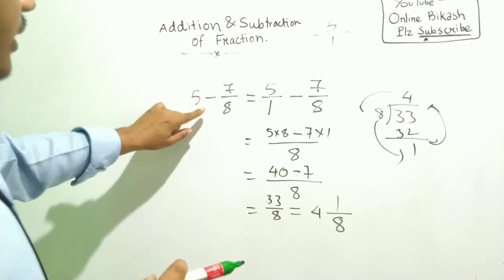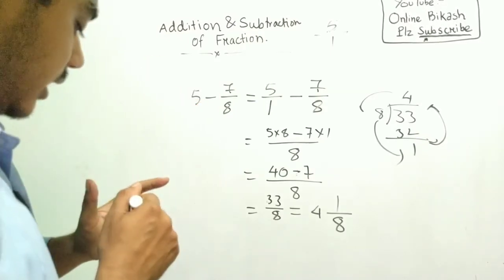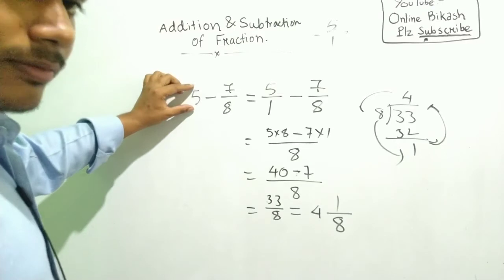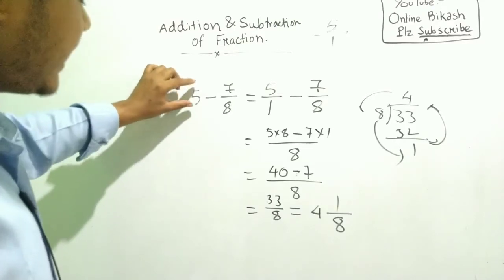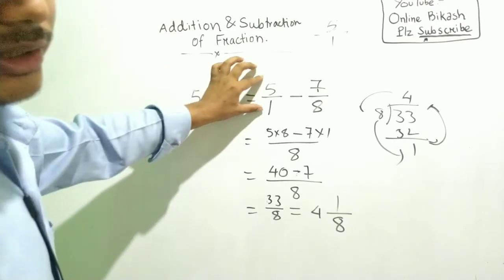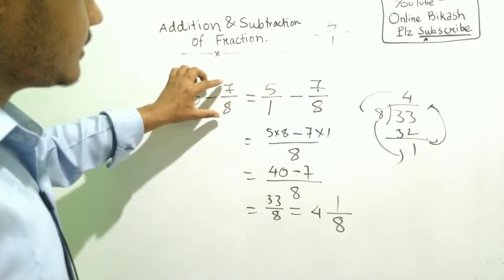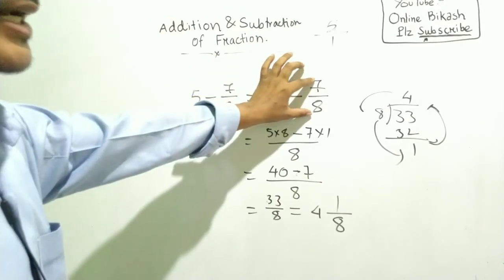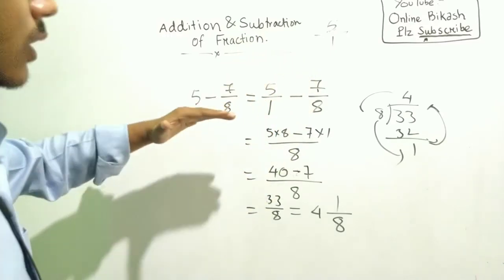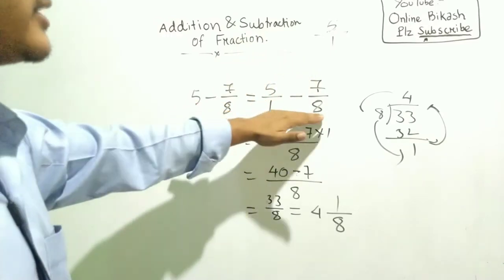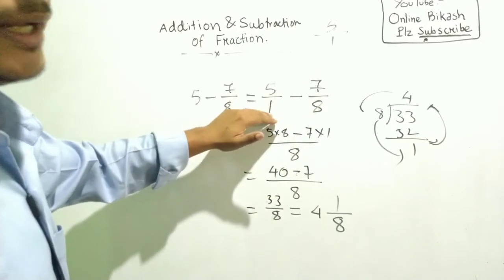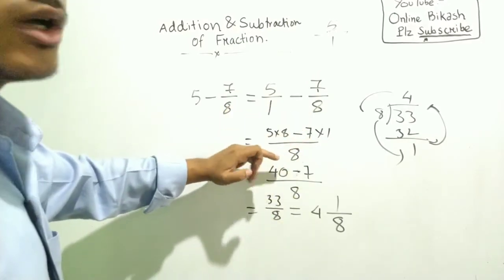Again I am just repeating what we did. Whenever you get a whole number like this, immediately change it into a fraction. That is, 5 can be written as 5 by 1, and 7 by 8 is written as it is. Now we take the LCM of the denominators 1 and 8, and the LCM is 8 only.